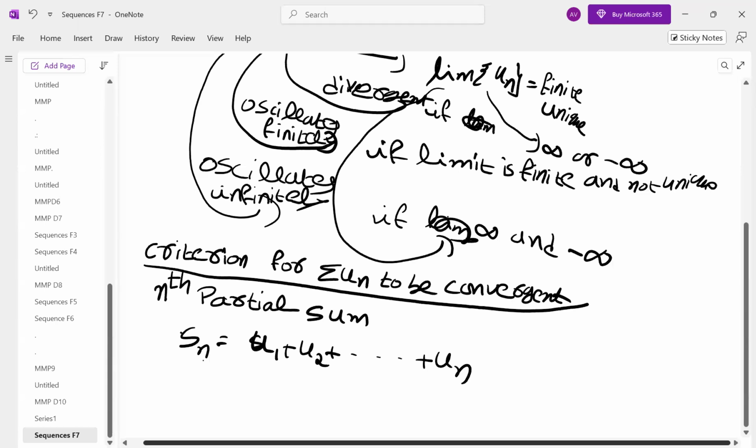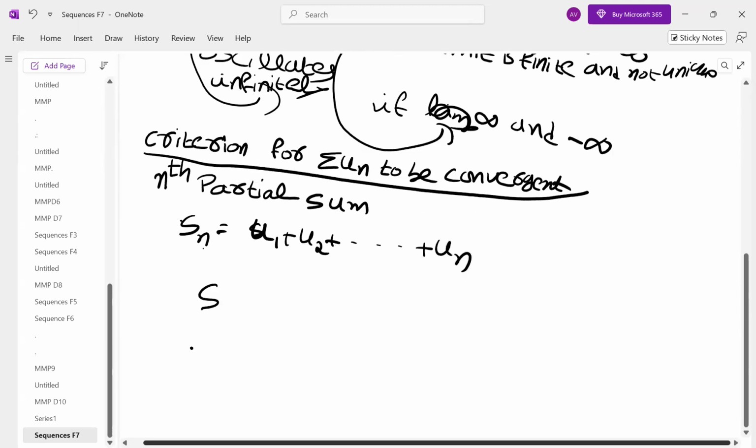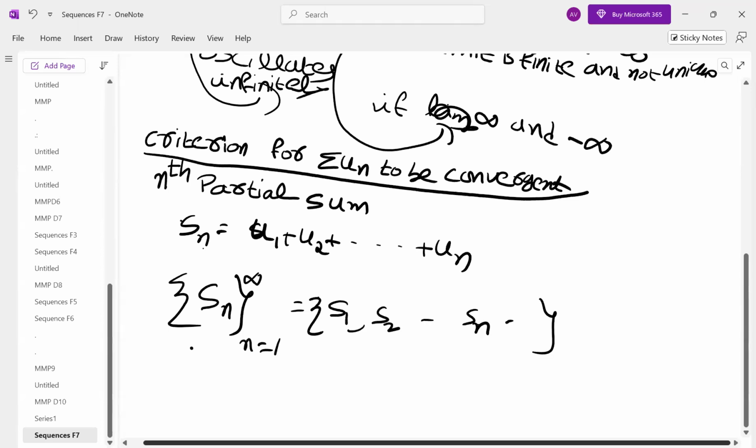So the sequence formed by this nth partial sum, if it is convergent to L, when do we say it is convergent?